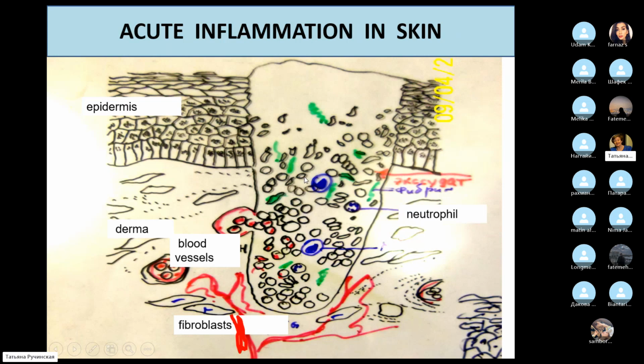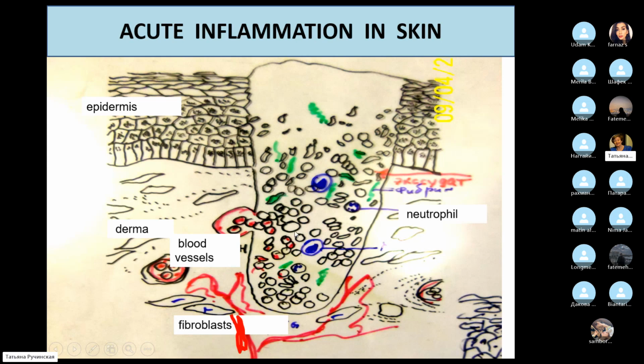In this wound you see a lot of neutrophils, very many neutrophils here. Then there is damage of cells, this white. There are not numerous monocyte macrophages here. And this green spot is fibroblasts.